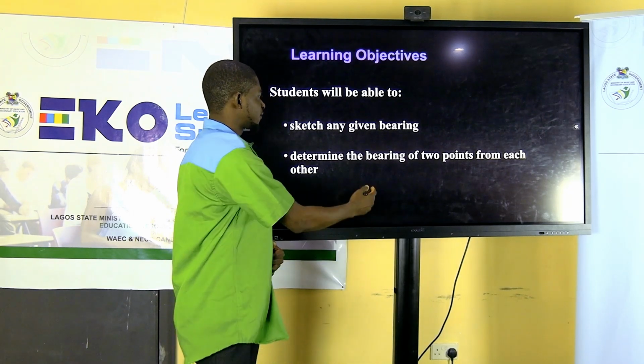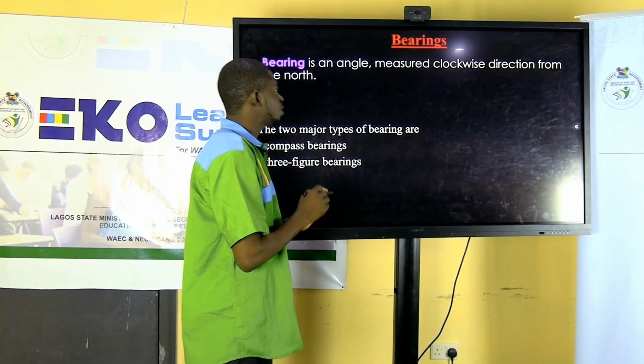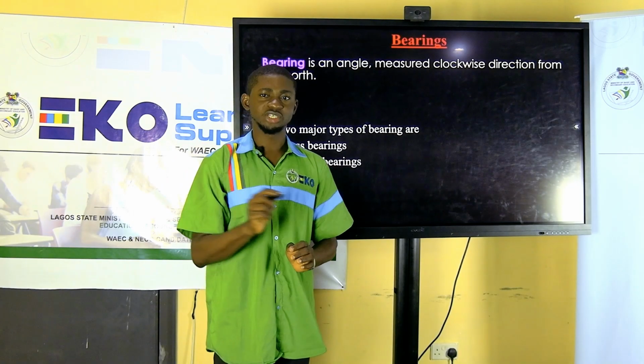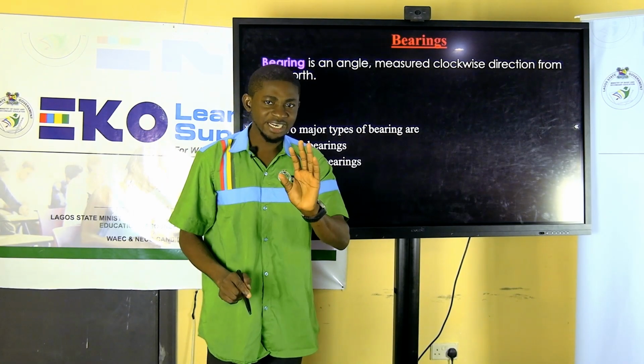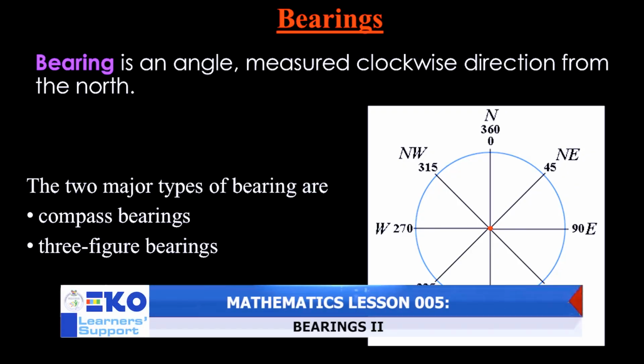So let's learn together. Let's recall that bearing is the angle measured clockwise direction from the north. In our last class, we established that bearing is the angle measured in clockwise direction from the north. And there are two types of bearing reading. We established it to be 3-figure bearing and compass bearing.